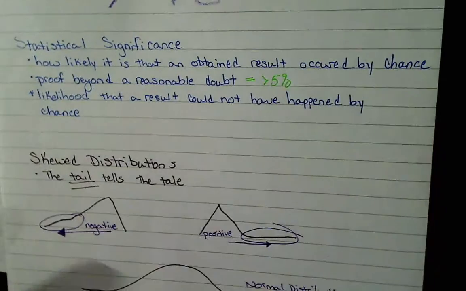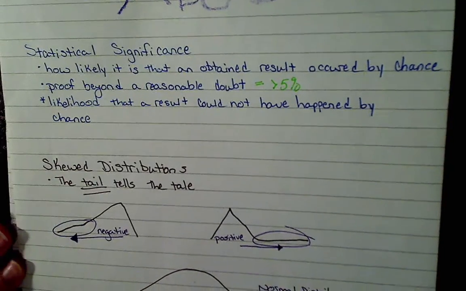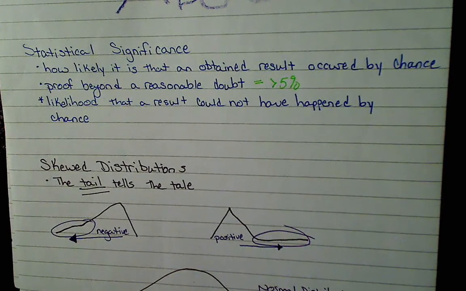If we're looking at statistical significance, this is how likely is it that the result of your experiment, whatever data you get, occurred by chance? You have to have proof beyond a reasonable doubt that the scores that you get are valid and chance had no part to play in the results at all.